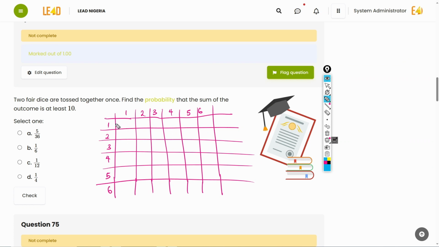All right, so here 1 plus 1 will be 2. If I add 1 and 2, here will be 3. If I add 1 and 3, here will be 4. So the sample space I'm drawing, right, is for the sum. All right, and you see it follows an interesting pattern. The diagonals are all 7.